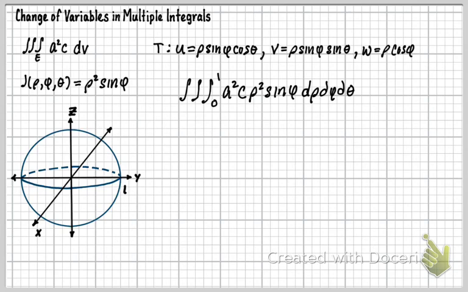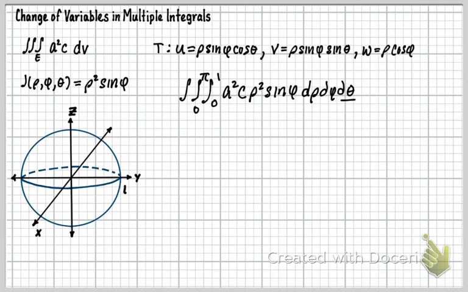Now let's look at phi. Phi runs from the positive z to the negative z, and it's that angle there. So 0 is at the top, and pi is at the bottom. So phi is going to run from 0 to pi.